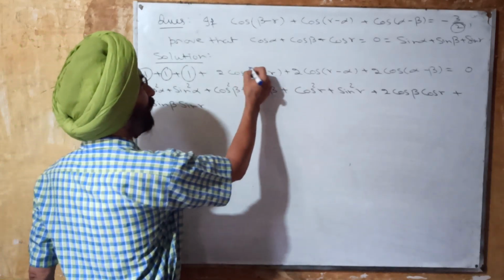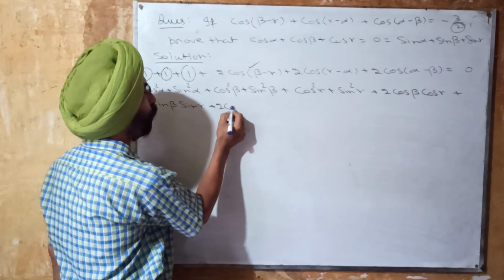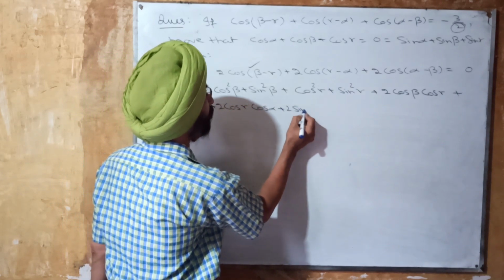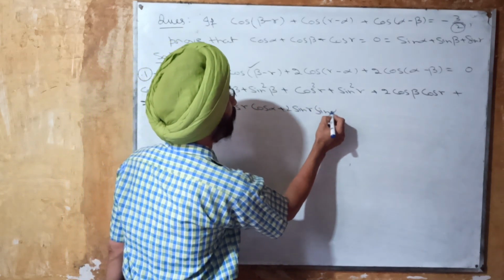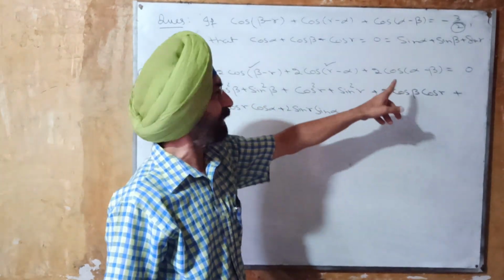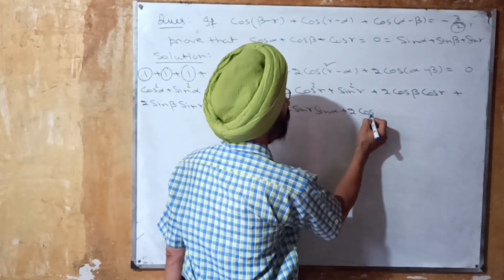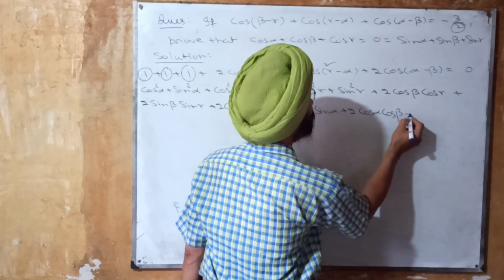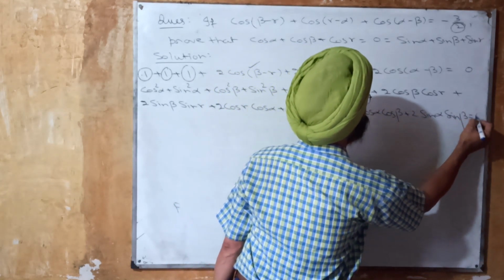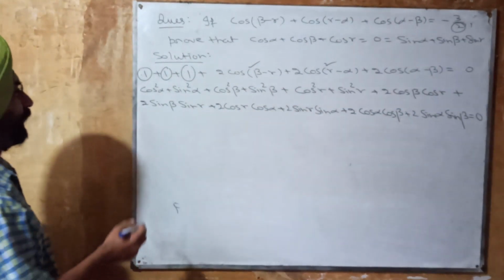Similarly, the second term will become plus 2 cos gamma cos alpha plus 2 sin gamma sin alpha. And the final term, in the same manner, can be written as plus 2 cos alpha cos beta plus 2 sin alpha sin beta is equal to 0. Now look at what terms I am going to take now.